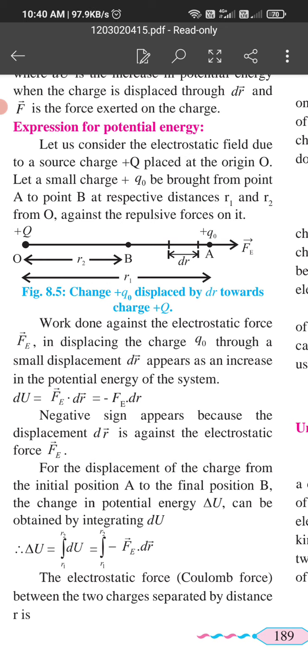So negative sign indicates that it appears because the displacement dr vector is against the electrostatic force Fe vector.